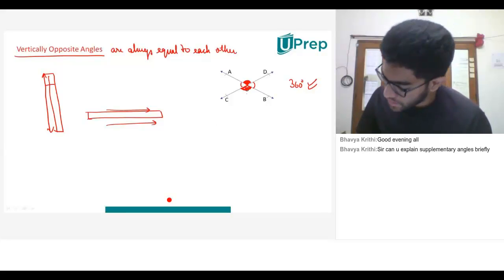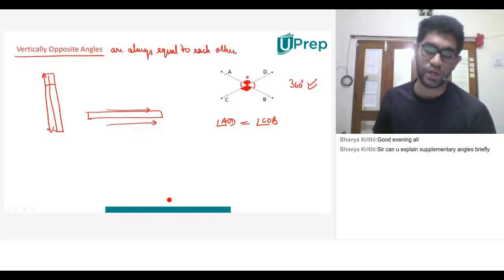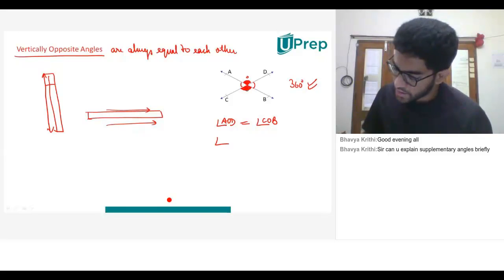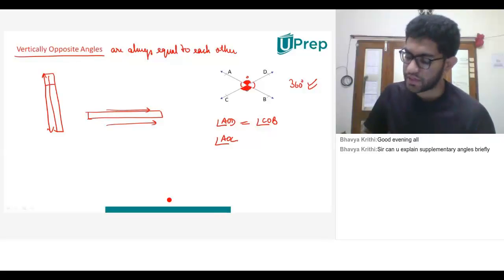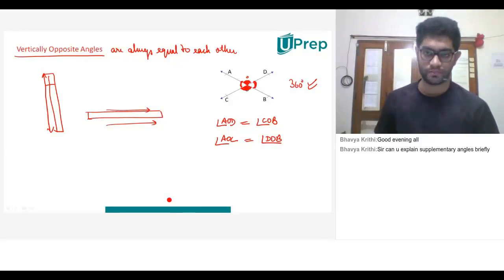That means if I call the center O, I'm saying angle AOD is exactly equal to angle COB. Point number one. Why? Because they're vertically opposite. Another point. Angle AOC is exactly equal to angle DOB. That is these two angles. Clear?